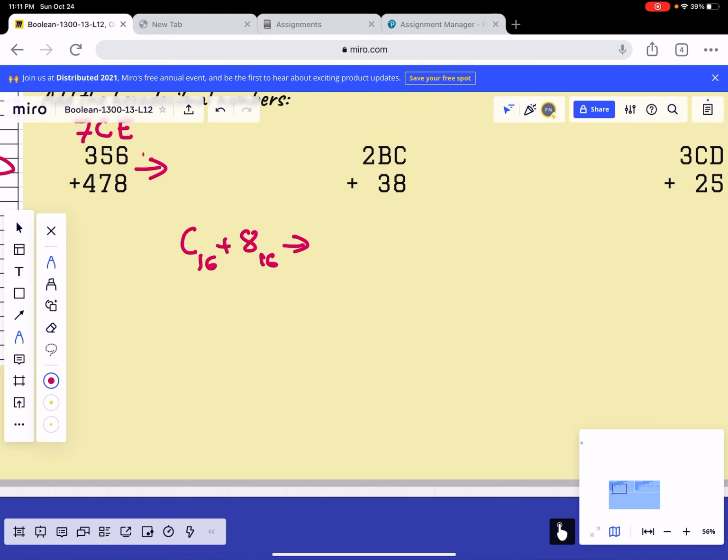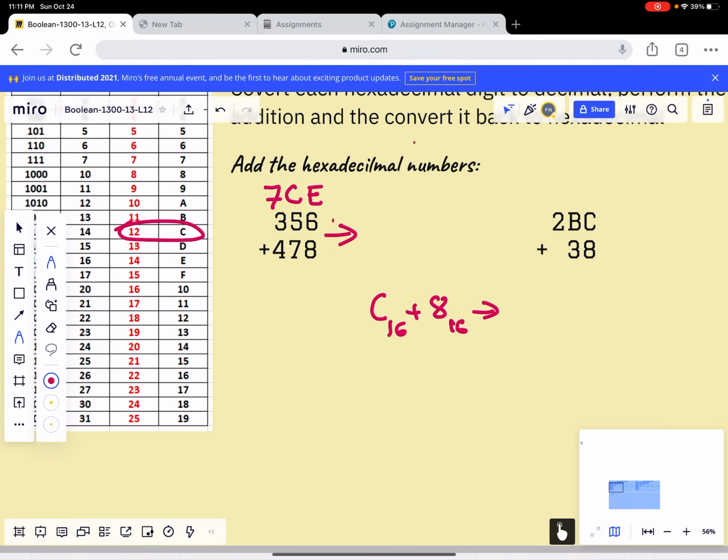So C is the number 12 for letter C. So I'm going to write out 12 plus 8 equal 20. All right, so I got 20 for the decimal.